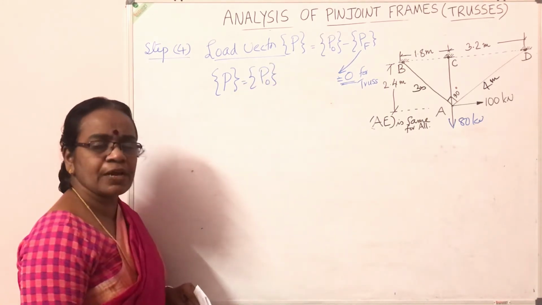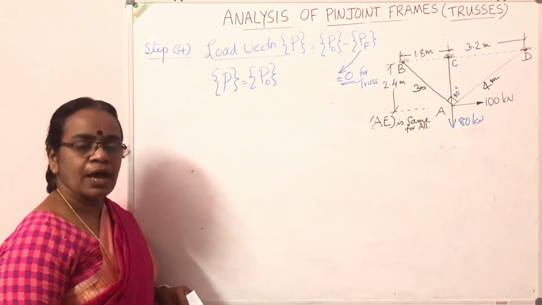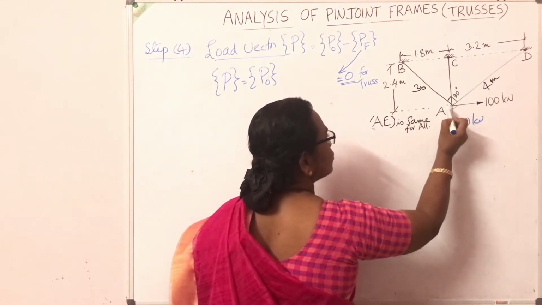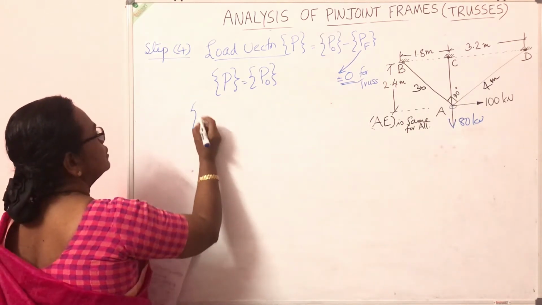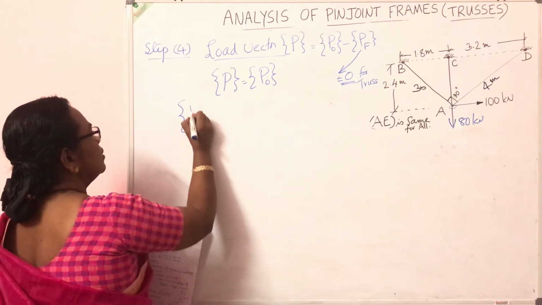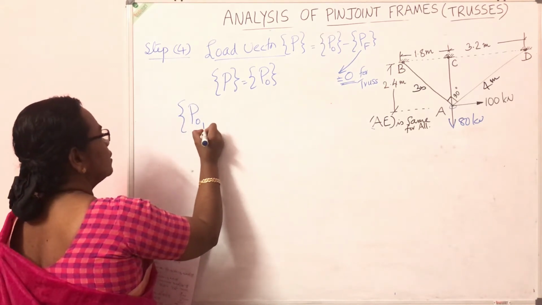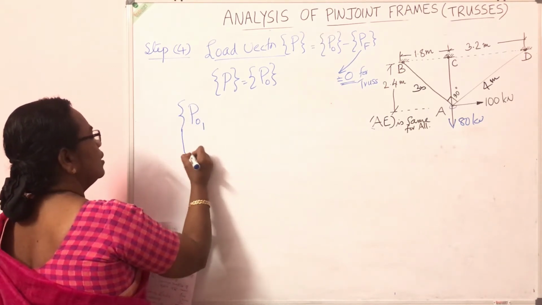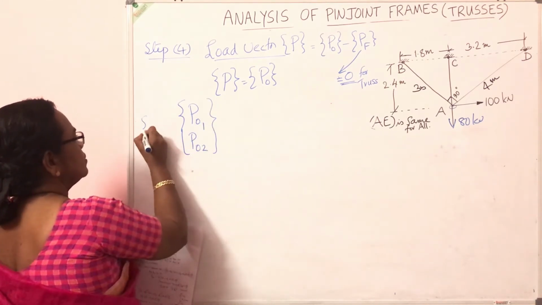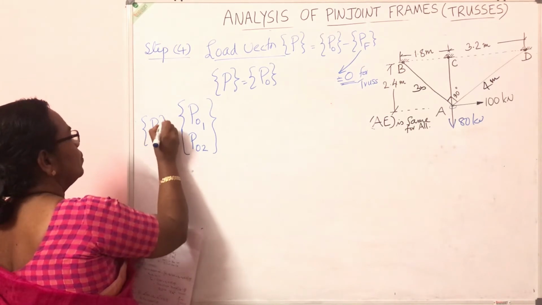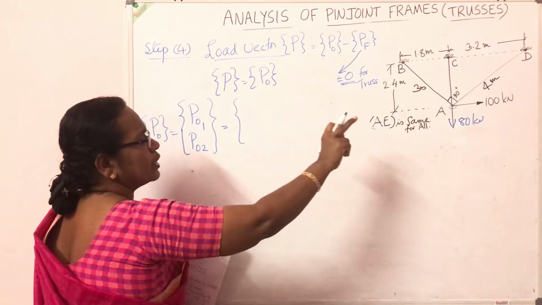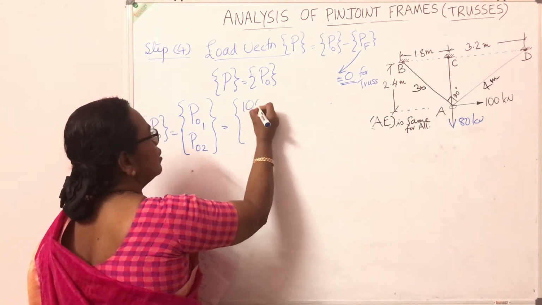P0 is the vector of externally applied loads at the selected nodes. So in this question, there are two loads at the selected node A, or I can write P0 corresponding to coordinate 1 and P0 corresponding to coordinate 2. Coordinate 1 is the horizontal direction, it is 100.